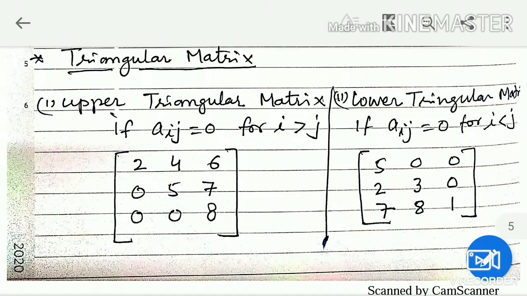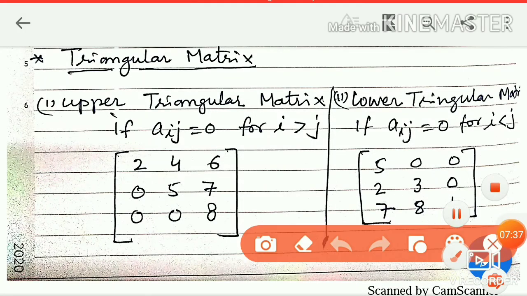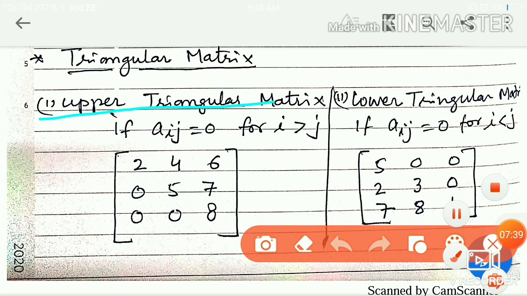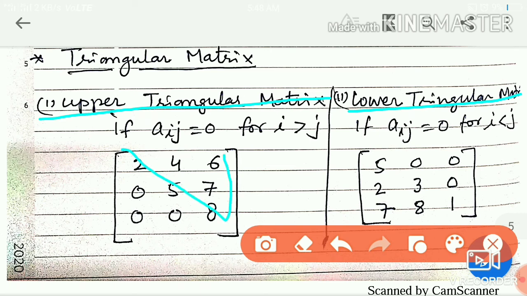Triangular matrix: we have two types of triangular matrix. First is the upper triangular matrix and second is the lower triangular matrix. Upper triangular matrix means the diagonal and the elements above the diagonal can be other than 0, and the remaining elements are 0. Here for i greater than j, the row number is greater than the column number, so the second row first column is 0, and these 3 are 0.